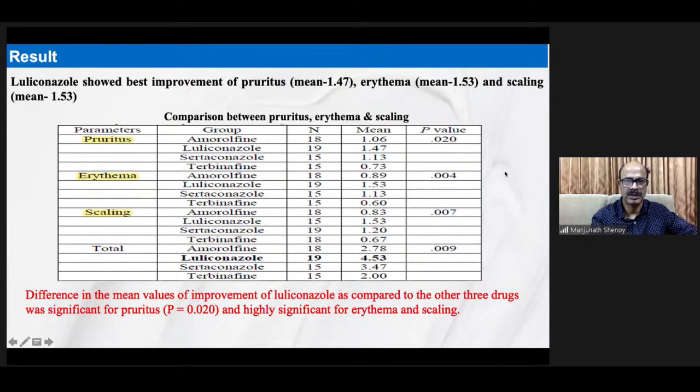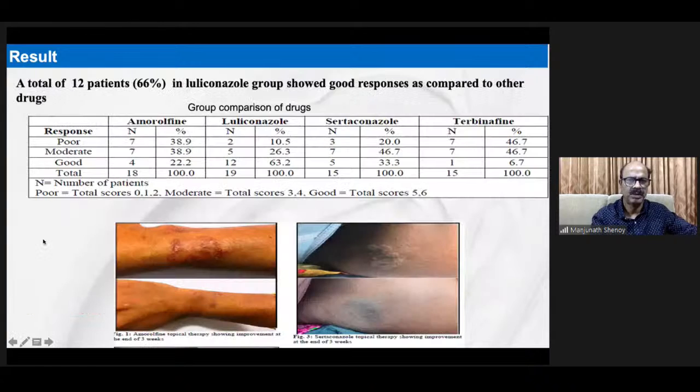Luliconazole had a much better improvement in the symptoms, and to some extent, we could say that luliconazole is a better molecule as compared to others, at least as far as this study is concerned.